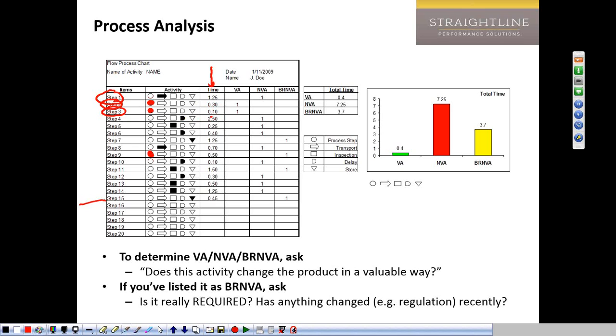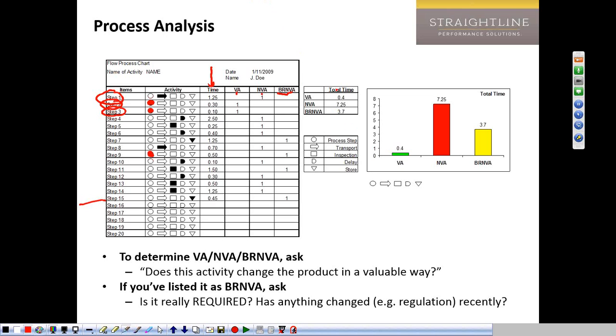So this can also tell us where to focus. And then finally we've jazzed it up and put it into 3 buckets: value added, non-value added, or this third one, which has never been my favorite, business required, non-value added.